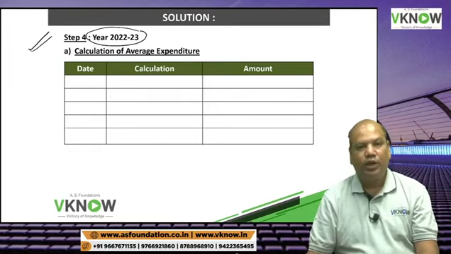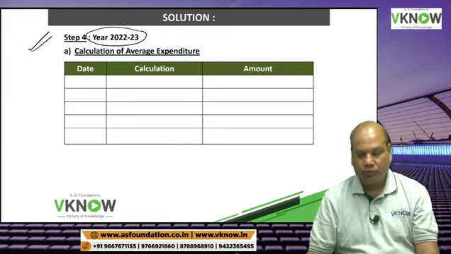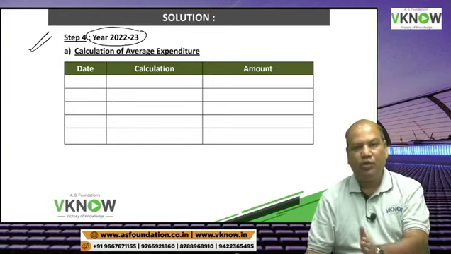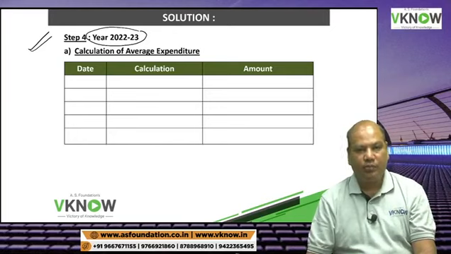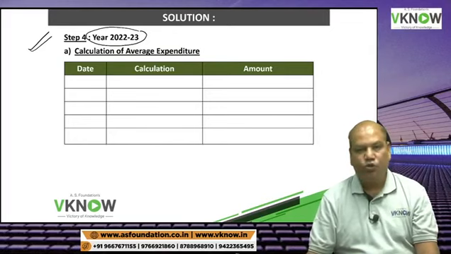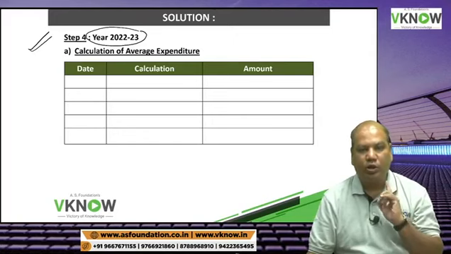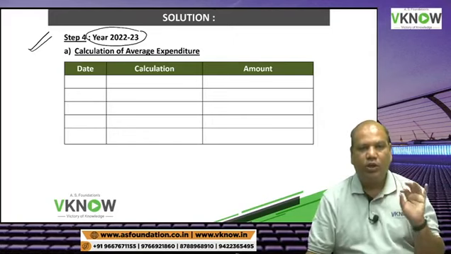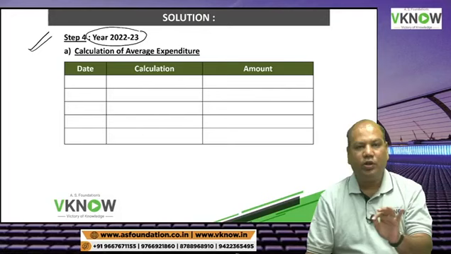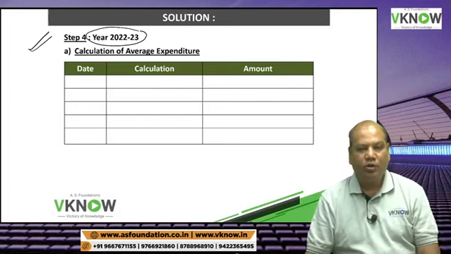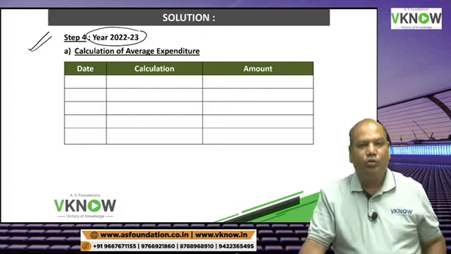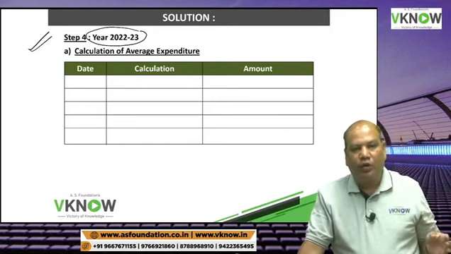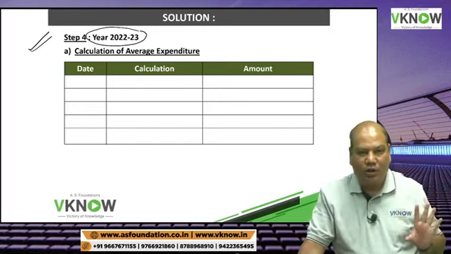First, we will calculate average expenditure because the expenditure was incurred at different point of time and different amounts were spent. So there are two ways to calculate the borrowing cost. One is to multiply average expenditure into capitalization rate, or other is to calculate the borrowing cost for every expenditure incurred. Answer will be same.